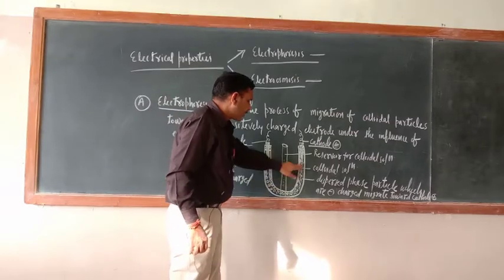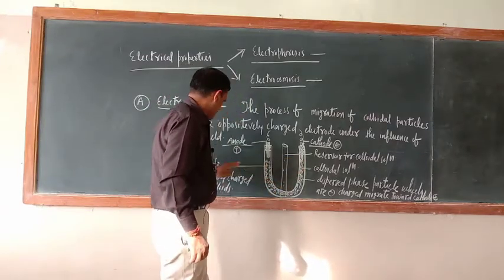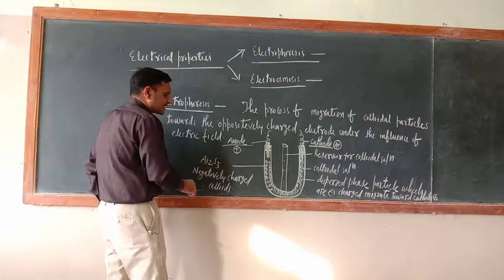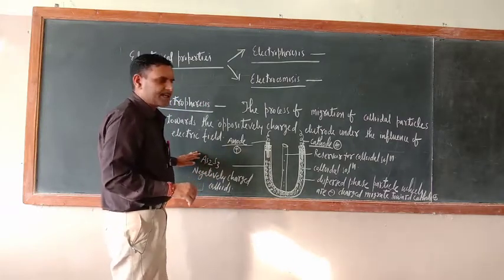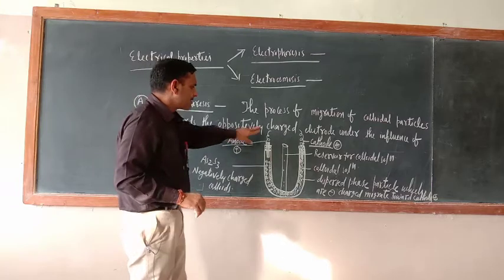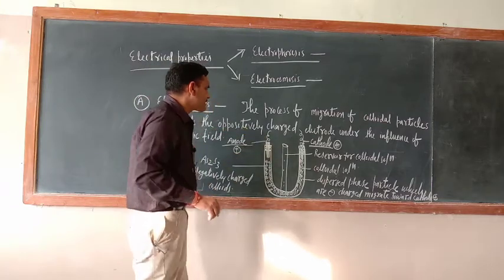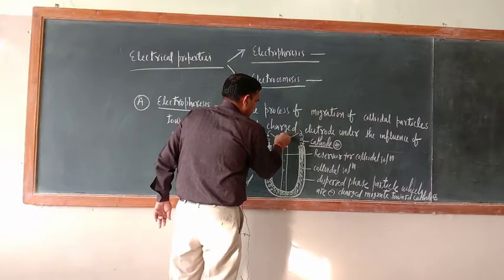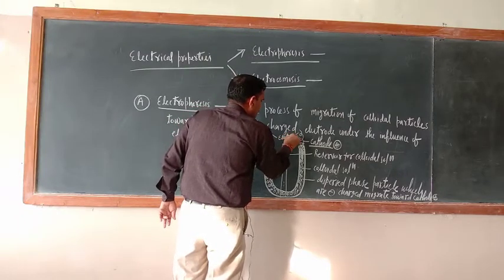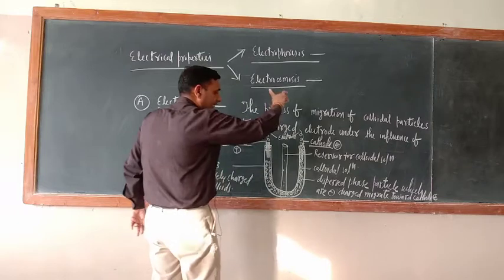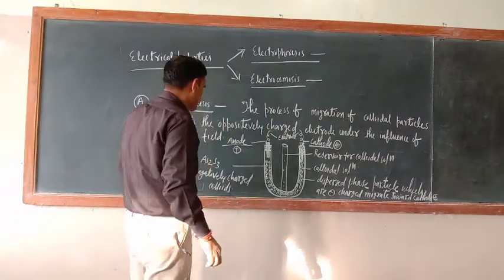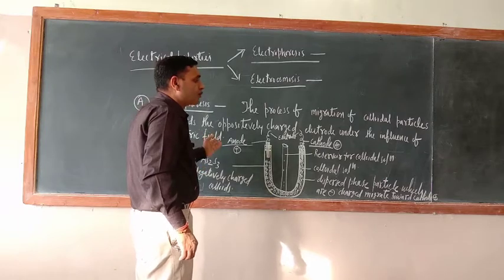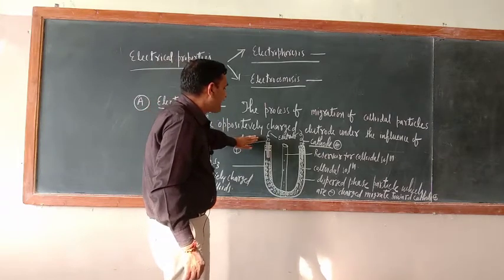Here I took one negatively charged colloid, that is arsenic sulfide. And when we supply electricity through these two electrodes, under the influence of electricity, this negatively charged colloidal particle moves toward the positively charged electrode.